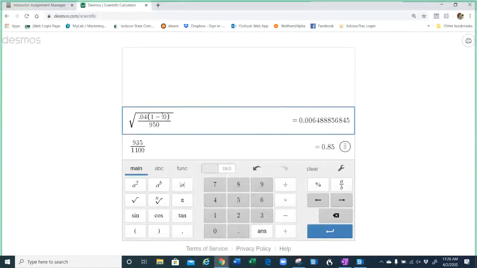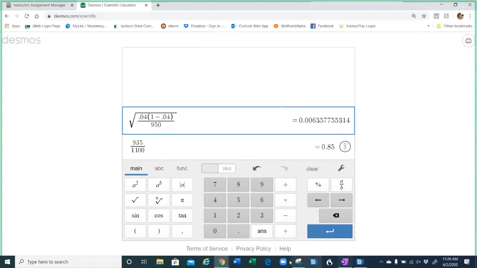So let's jot that down. 0.0064886, and that should be plenty. 4%, sorry. 4%, 1 minus, okay, so let's jot this down, 0.00635776.